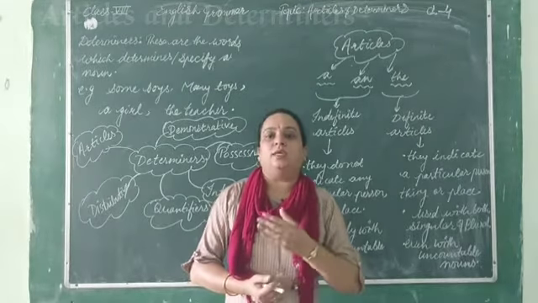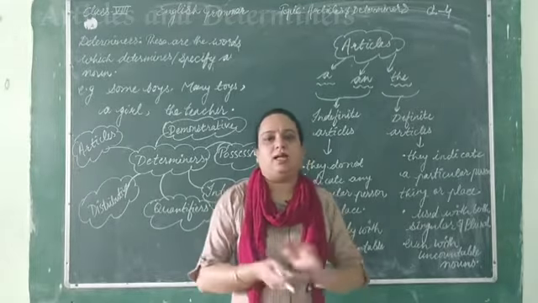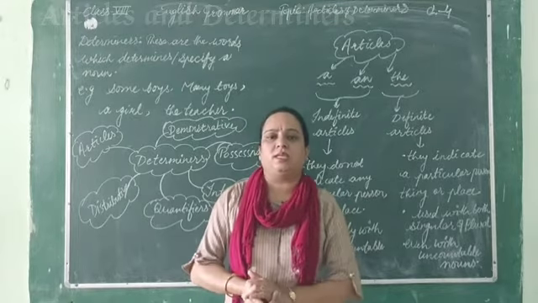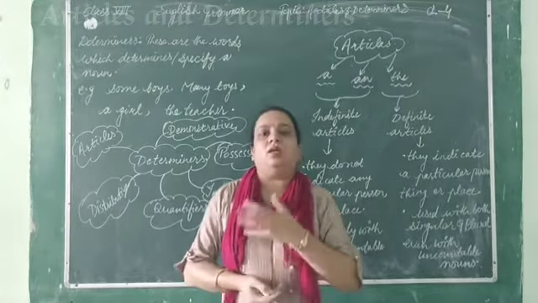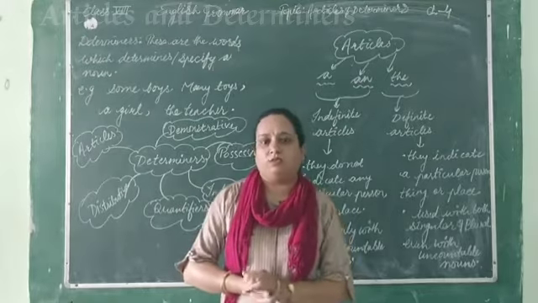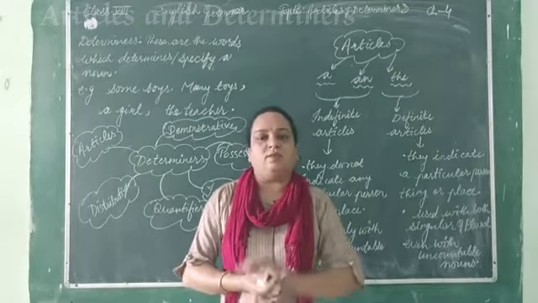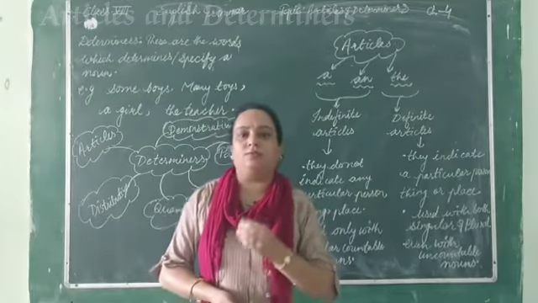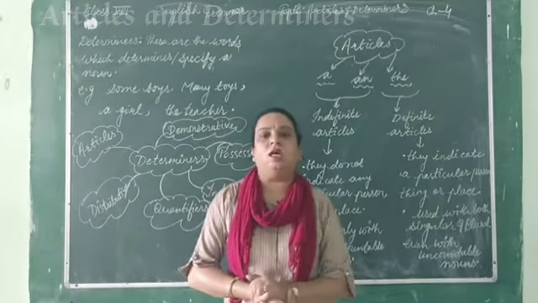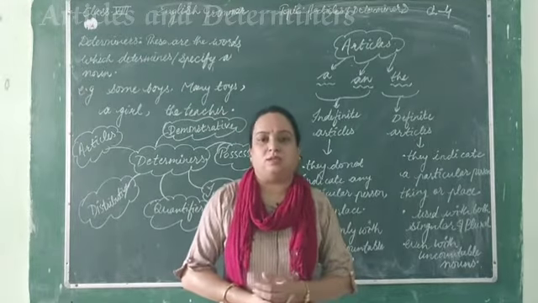Okay, so adjectives, there is similarity, many kinds of adjectives, or you may say the adjectives are exactly like determiners, but in some cases you will find the difference. So when we talk about articles and determiners, our first topic here is determiners, right?